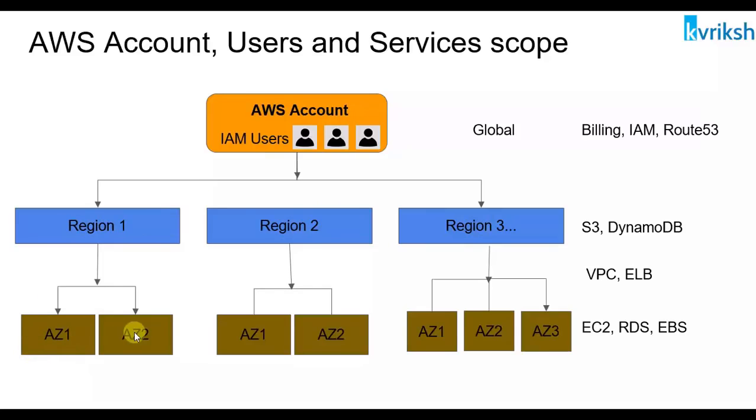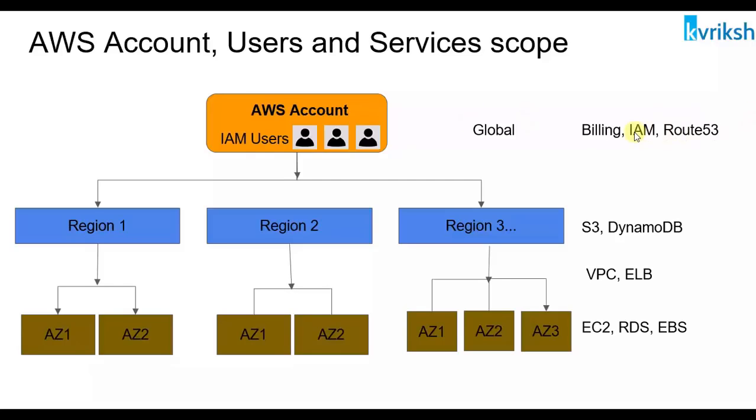Now in AWS there are different services, and they have different scope with respect to region, AZ or account level. For example, the billing service works at an account level. That means at the end of the month you get one AWS bill which you have to pay.